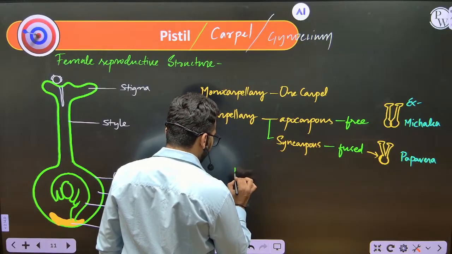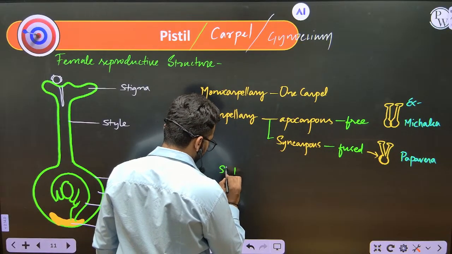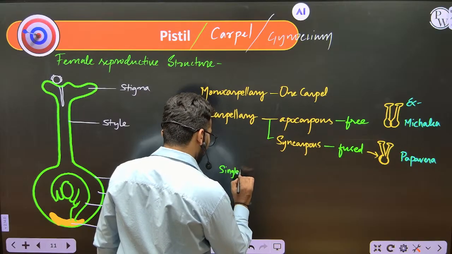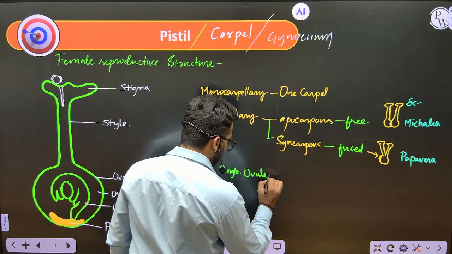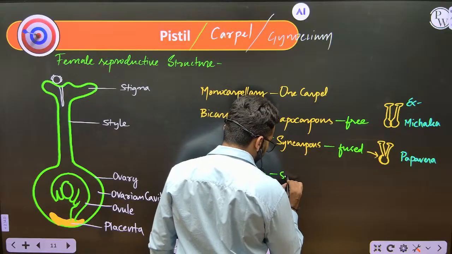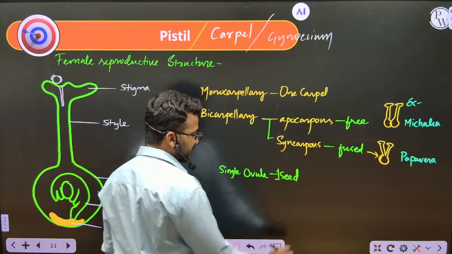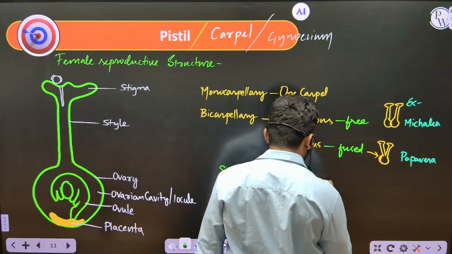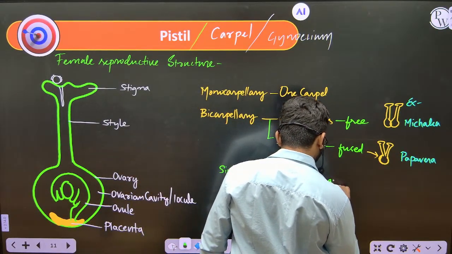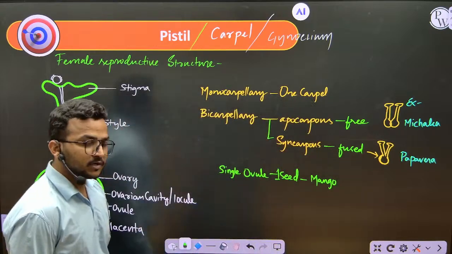So if single ovule is present, only one seed will be there. Example for that, mango. You will get only one seed there.